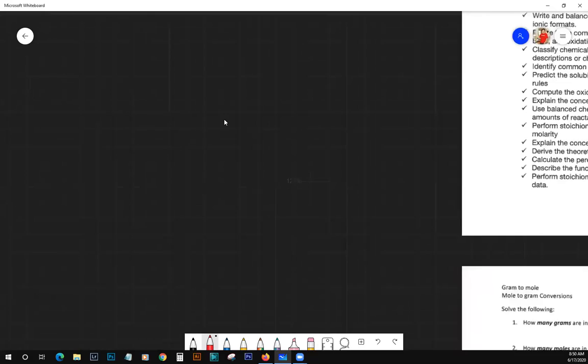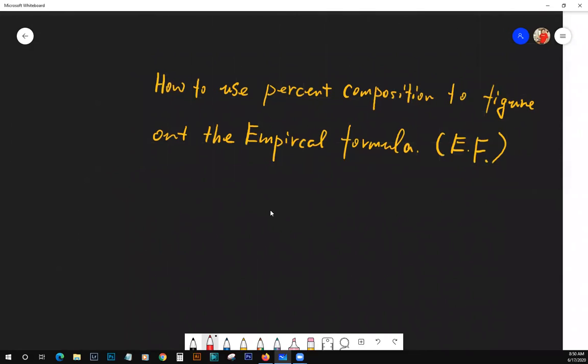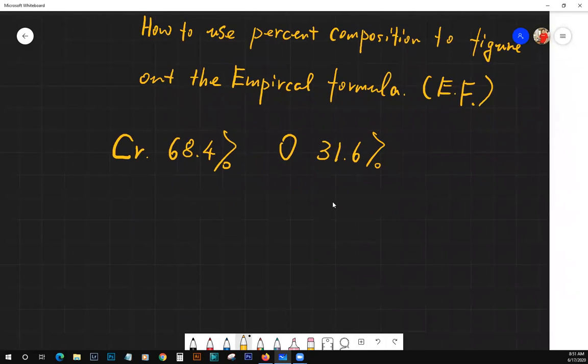So we have two elements: chromium at 68.4% and oxygen at 31.6%. This is the percent composition of this chromium oxide, but we don't know the ratio between the chromium and oxygen.